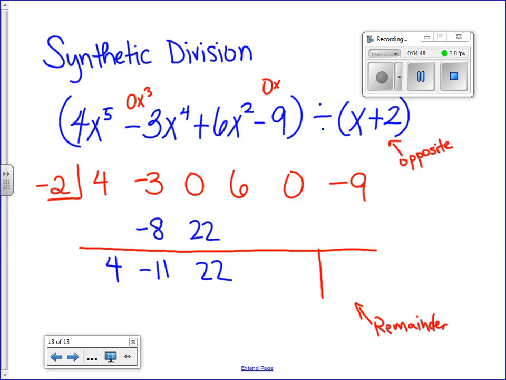Multiply these two numbers. And then add. Negative 38. Multiply these two numbers. That'll be 6. And then add.